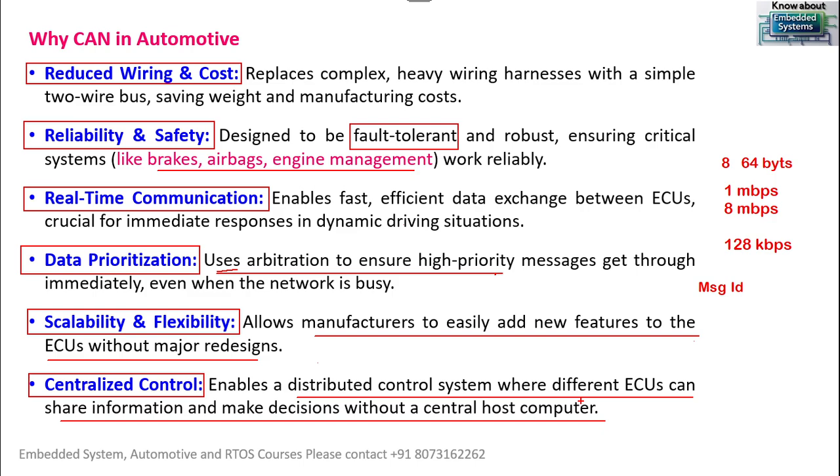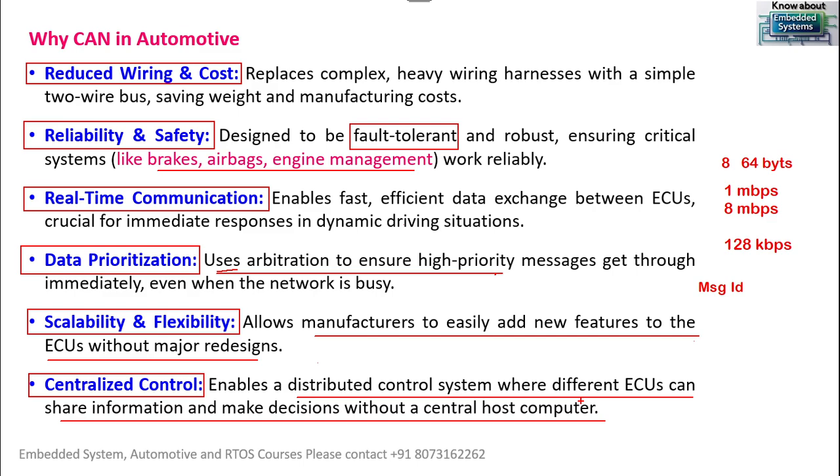So here there is no master and slave concept. In CAN, every device acts as a master, and each master is called a node, and each node is nothing but one ECU. Each ECU is capable of taking any decision at any time, and according to the decision, we can control some of the functionalities. That is also one of the big advantages.